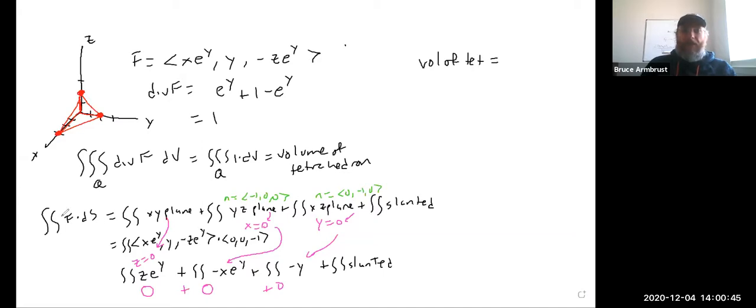The surface integral, when I added them all up, 0 plus 0 plus 0, this is the flux through the slanted side.